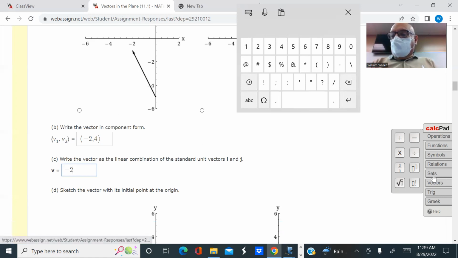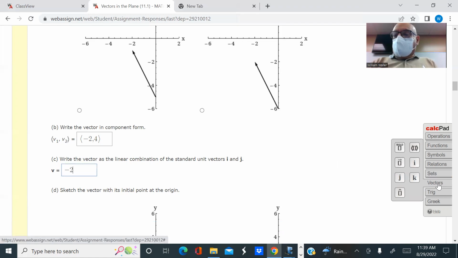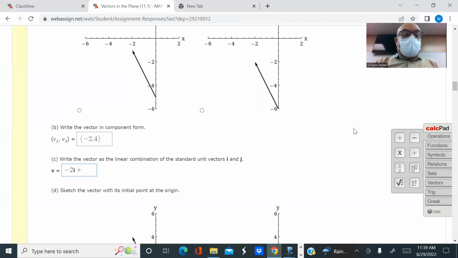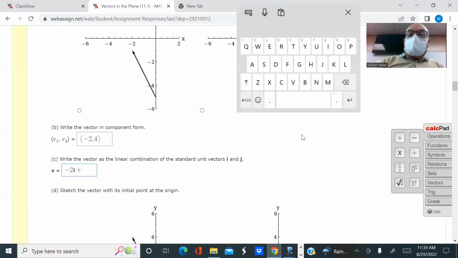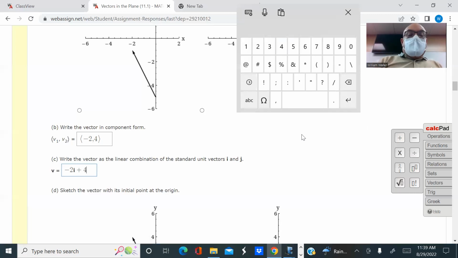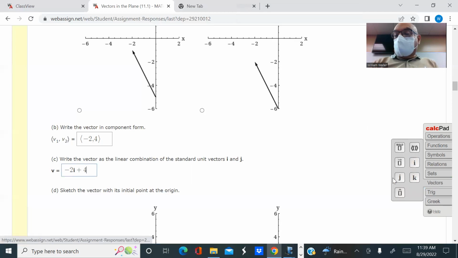So that's the nasty part. Where is that? Oh, there it is. It's still in vectors. So there's i, and then plus 4j. Can I get a plus sign? You can use it from the keyboard, but you can also get it off the palette as well. So plus 4, and then back to vectors here, and then we want the standard unit vector j.